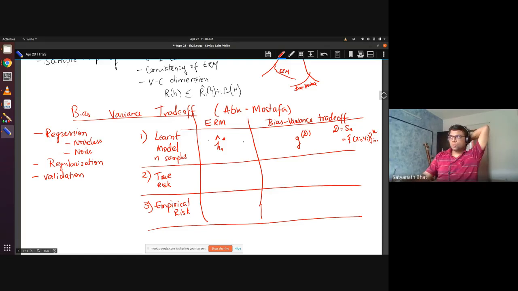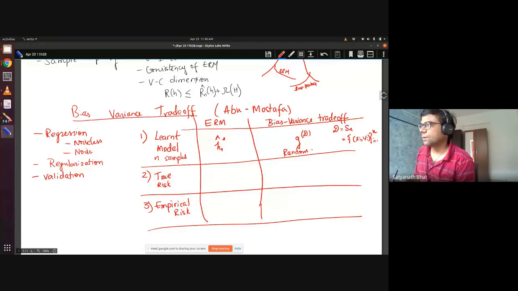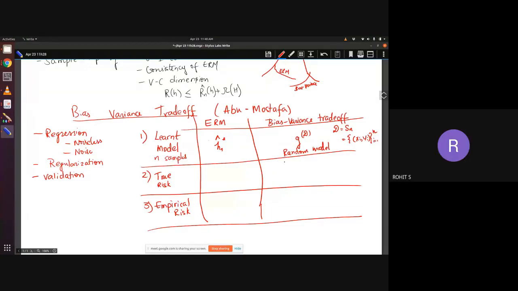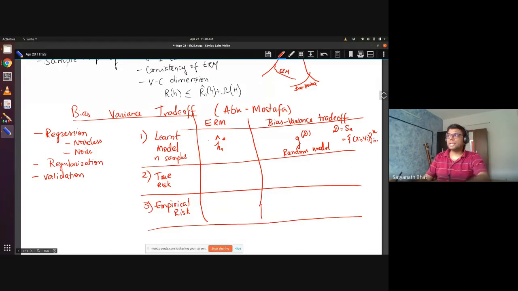One important thing: both H_n hat star and G_D are random. It's a random model. Why is it random? It depends on S_n, or D. Depending upon what data set is used to train, this will change.